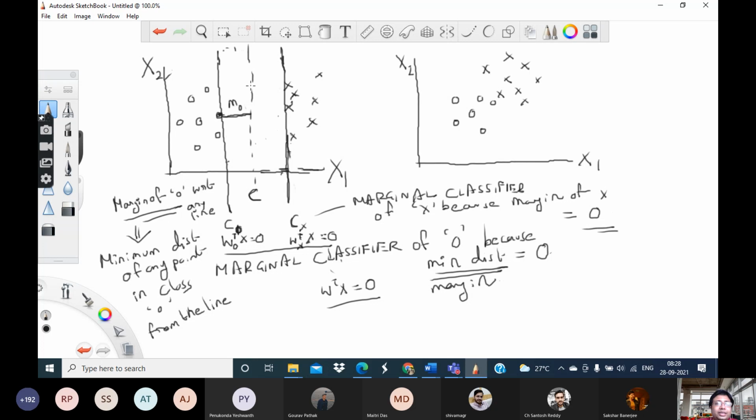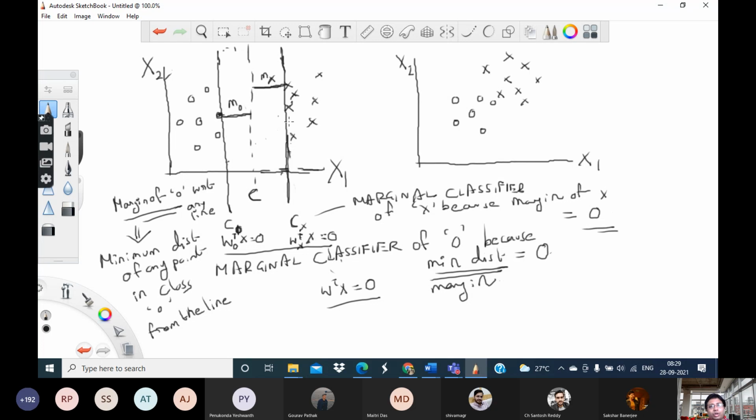This is the margin of the circle class with respect to the line C. Similarly, if you consider the distance of all the cross points from this line, among them maybe this one has the least distance. I call it M cross. The other ones also have some distance from it, but this distance is the minimum. So M cross is the margin of the cross class with respect to C.